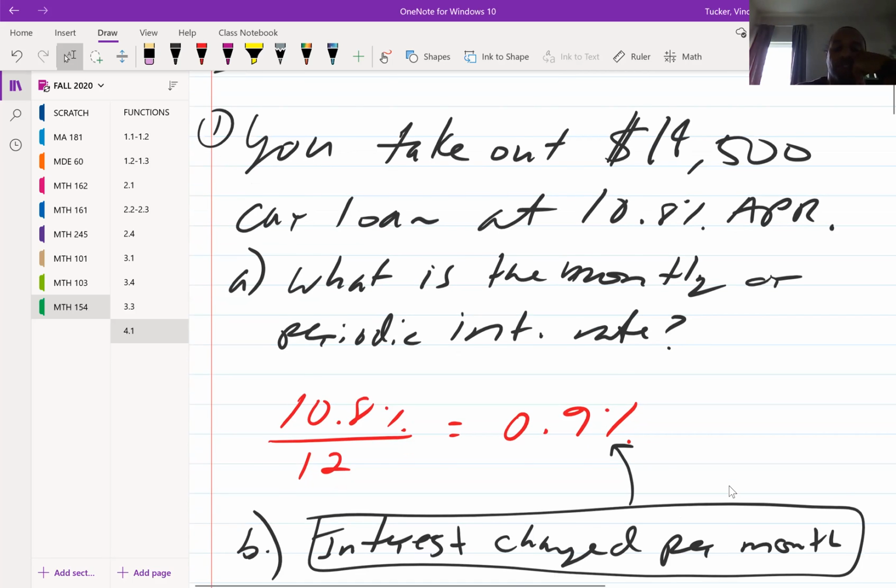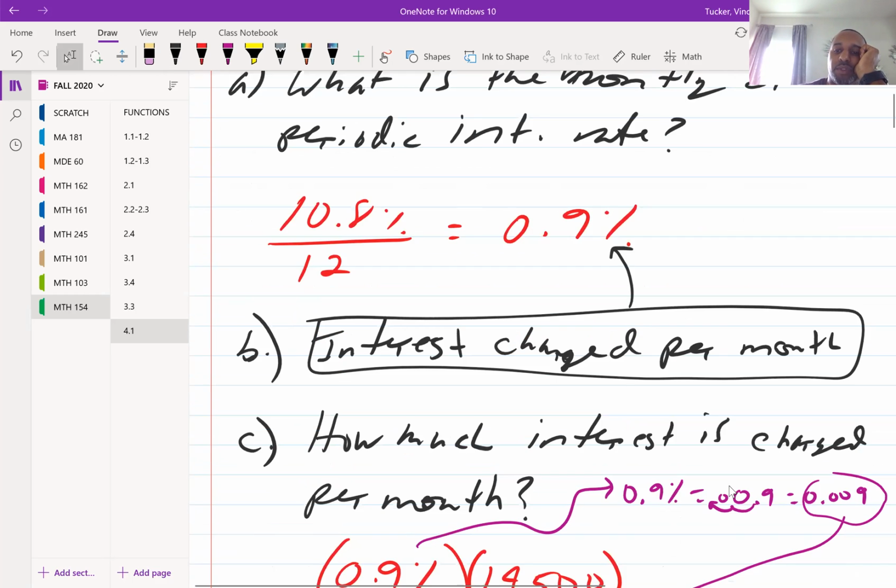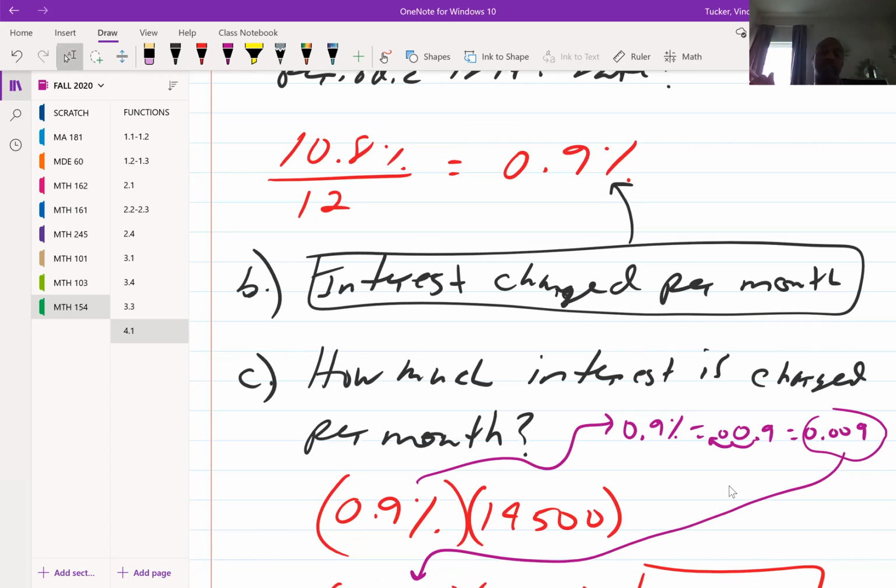So B asks you to interpret what that 0.9% means, and that's just the interest charged per month. See how much interest is charged per month. So you would take that 0.9% and multiply it times the 14,500.